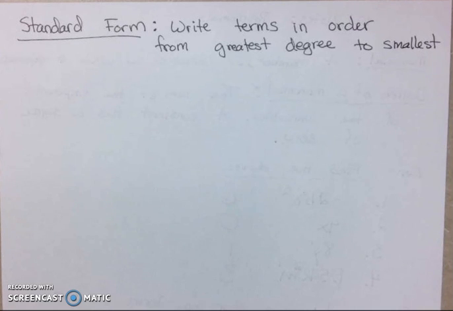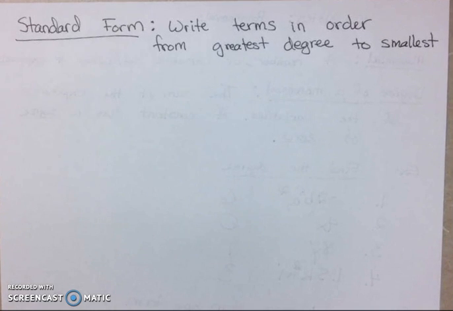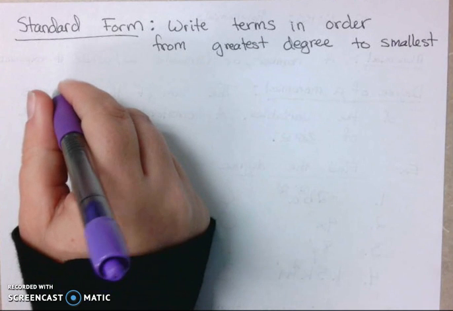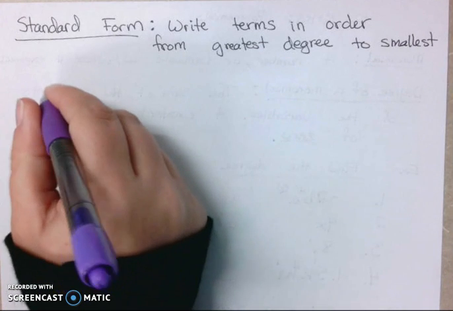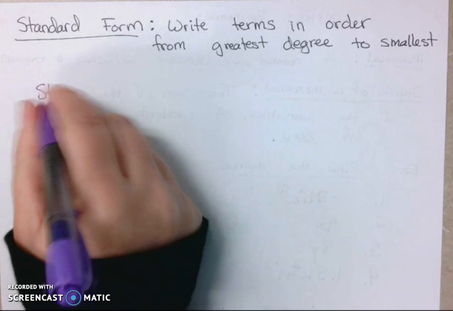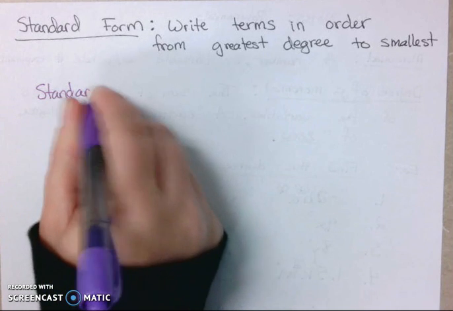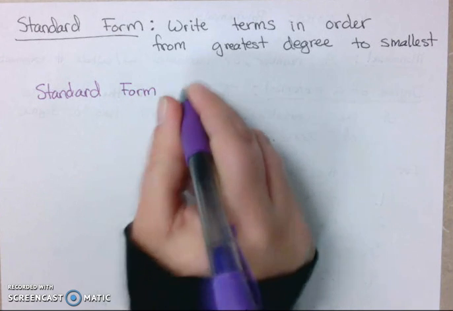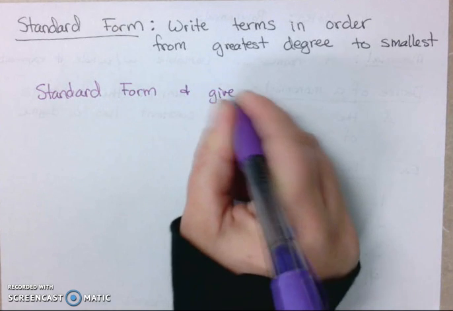Okay, and the final thing is writing it in standard form. Typically, in standard form, we put polynomials in order from the largest degree to the smallest. So we're going to write these in standard form, and we're going to give the leading coefficient. The coefficient is the number in front of the variable.